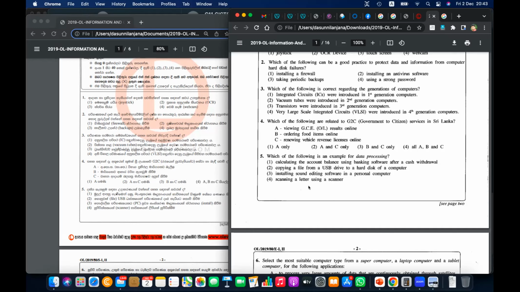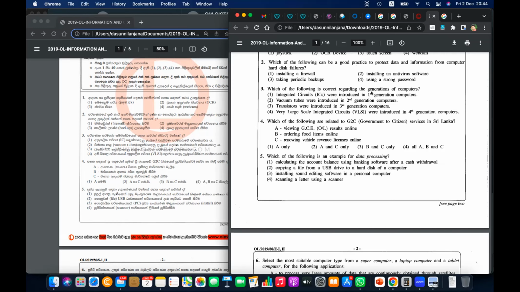Fifth generation is artificial intelligence, and we are also learning ultra large scale integration, ULSI, and AI. That is in the fifth.